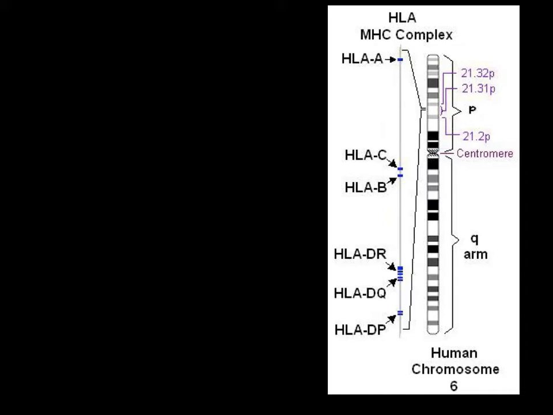Today, in your Genetics of the Immune System study guide, turn to page 14 so you can fill that out as we go along, using that and what you see on the screen here.